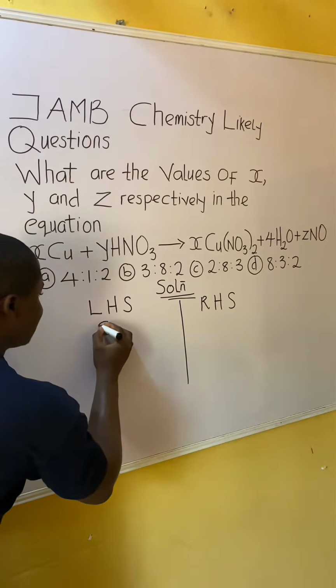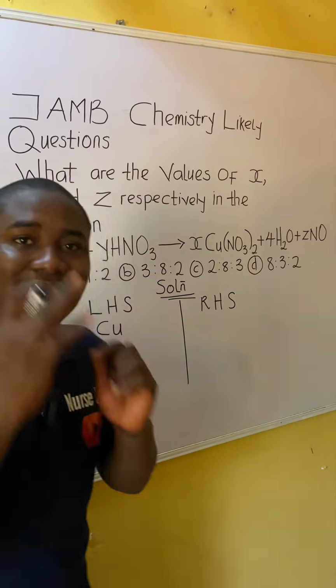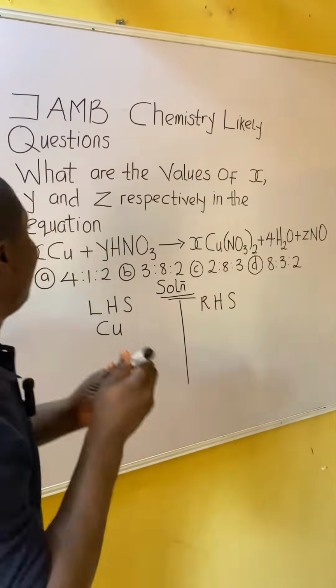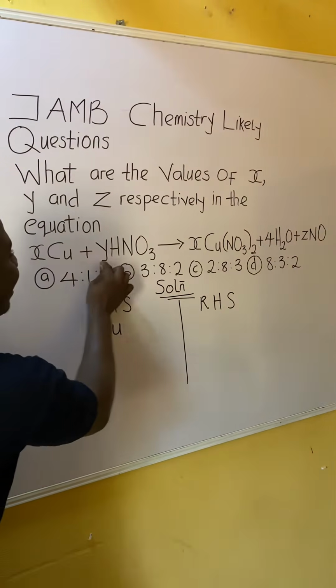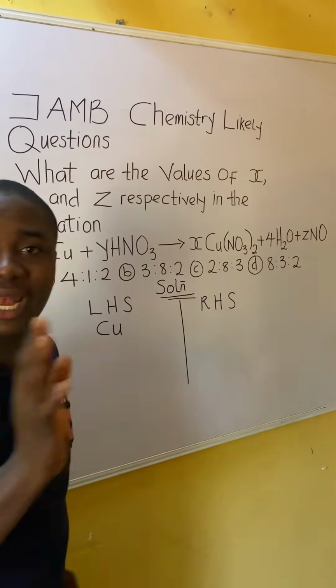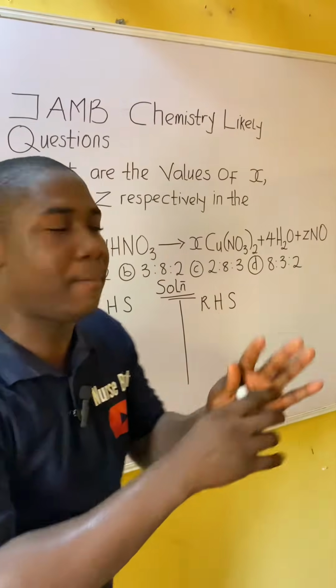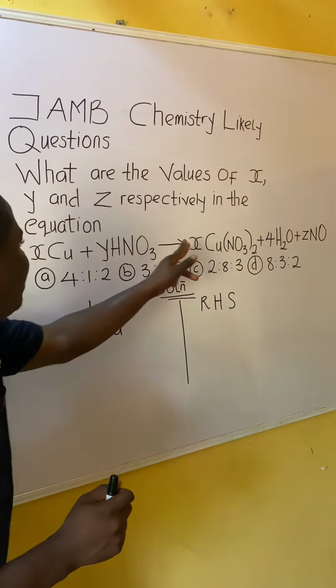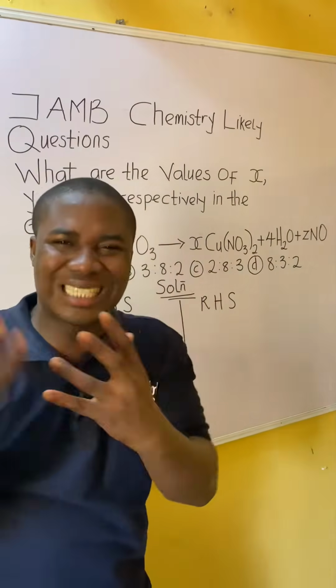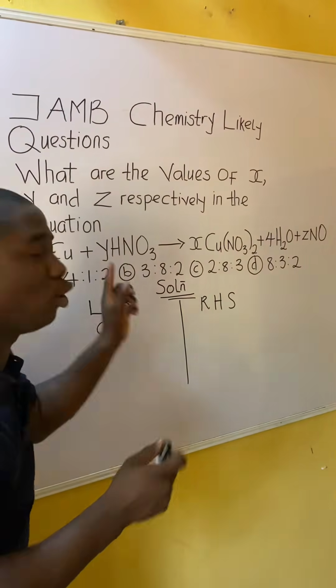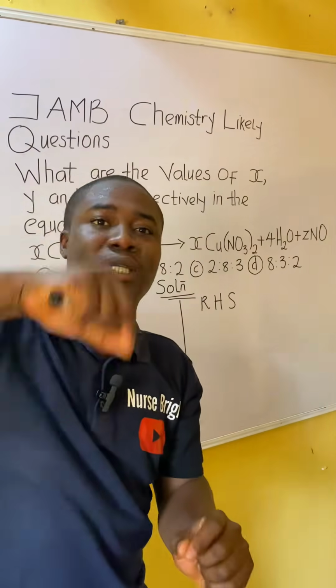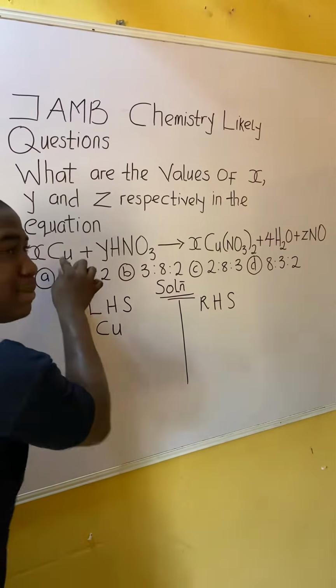The first element I'm seeing is Cu, and Cu is copper. Remember, x, y, and z are not elements. They just wrote them there because numbers should be in place of these letters. So these are the unknowns. They are not elements. I said identify elements, so copper is the first element I'm seeing.